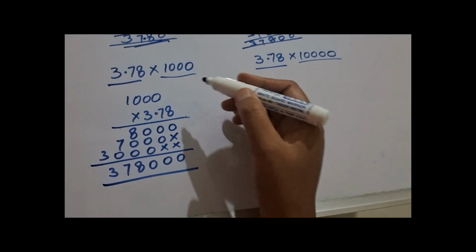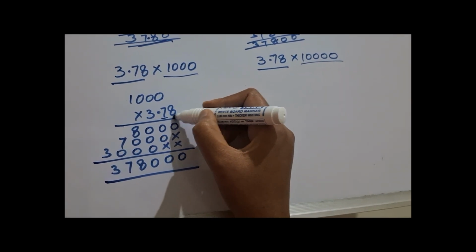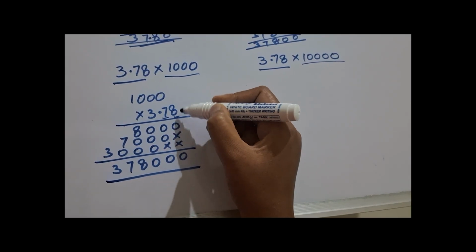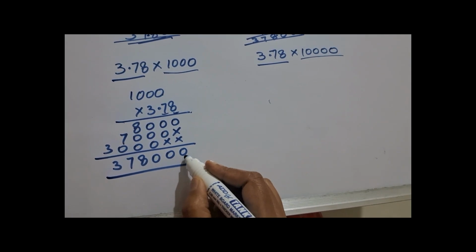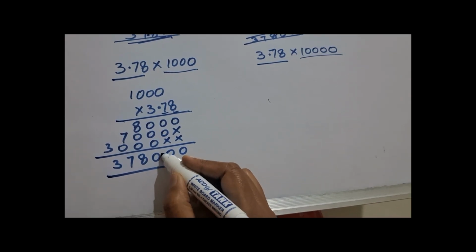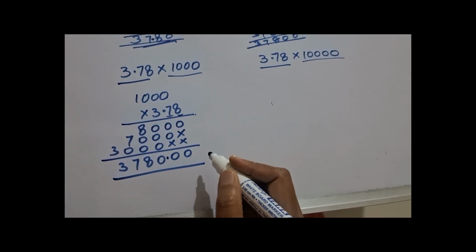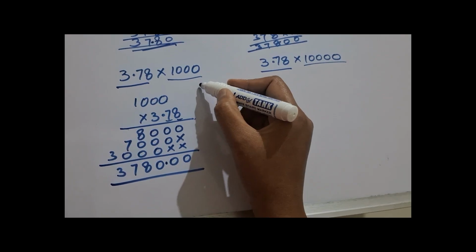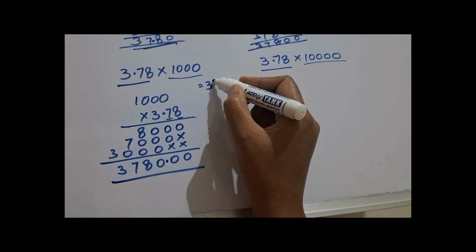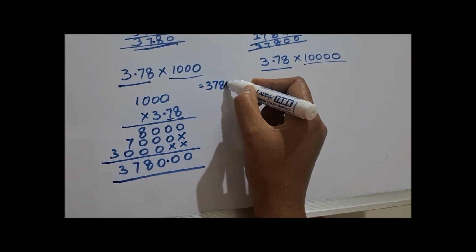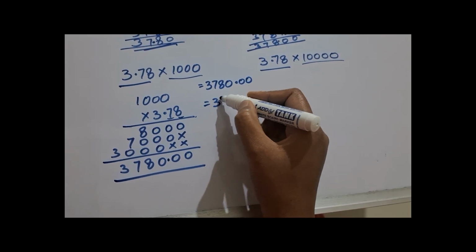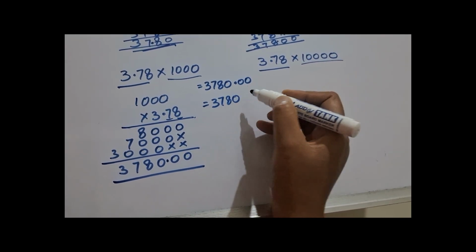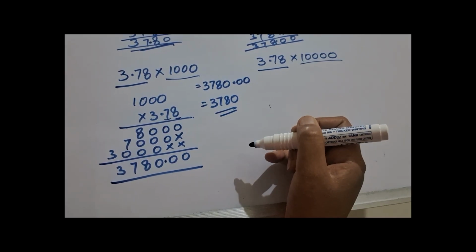Okay. So here how many decimal places are there? Total decimal places, 2 decimal places. So leaving these two digits, here I am putting the decimal point. So the answer for this, what did we get, children? 3780.00. This can also be written as 3780. Okay, this is the answer for this one.